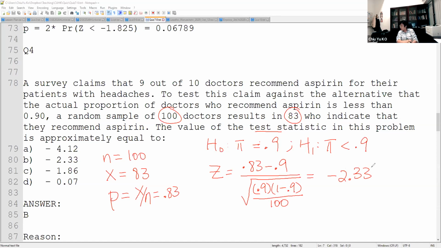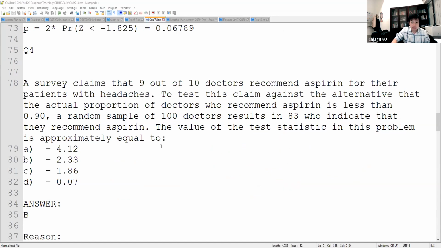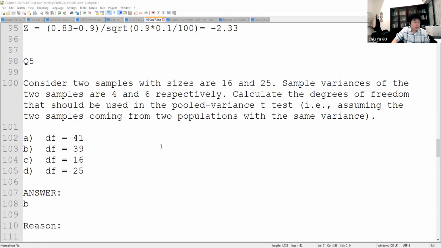Any question? If no, then we go to the next question. So you have 2 samples with sample size 16 and 25.